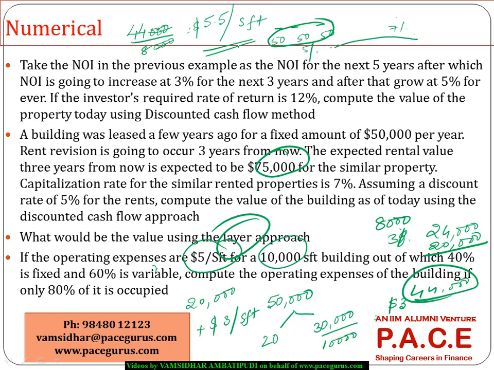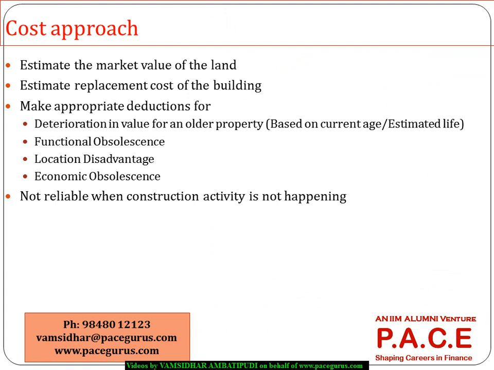Now looking at the cost based approach, where we are talking about first estimating the value of the land and finding out the replacement cost of the building. What is the replacement cost?